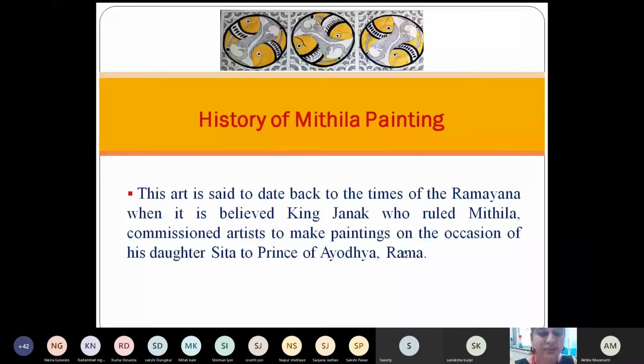That is how it became really famous. It was seen across all the walls, pillars, streets, pathways, everywhere. The Madhubani paintings began to be drawn by the artists.